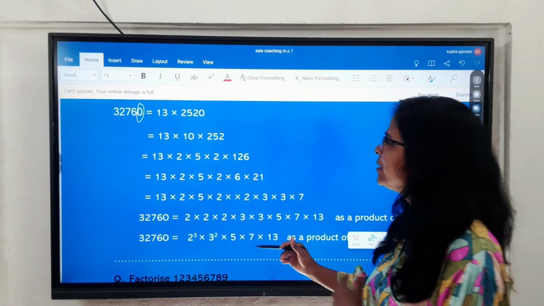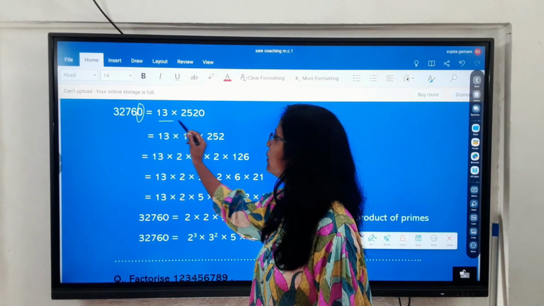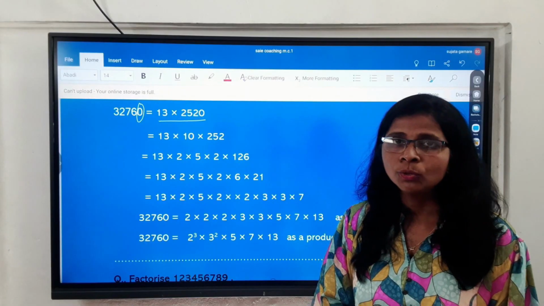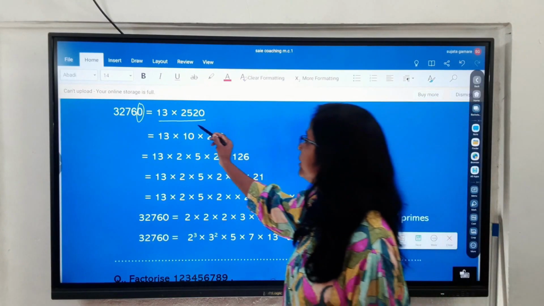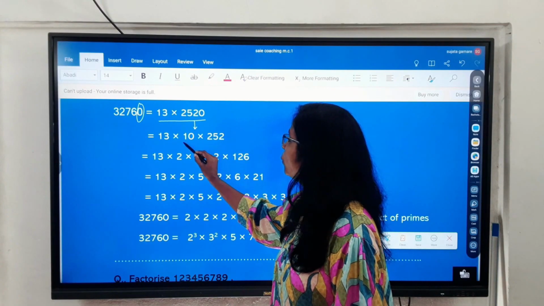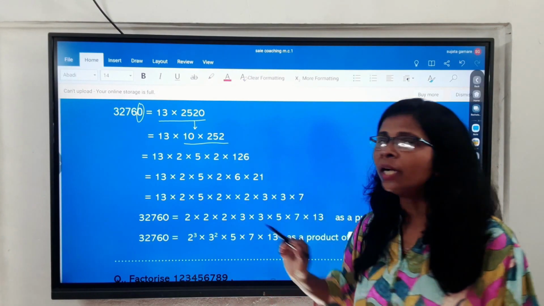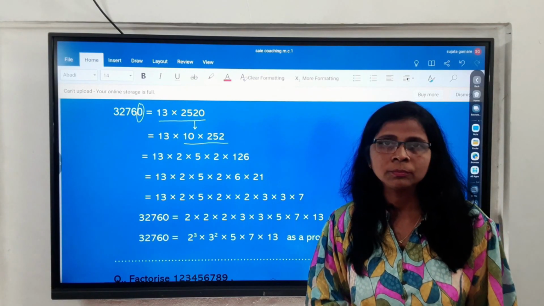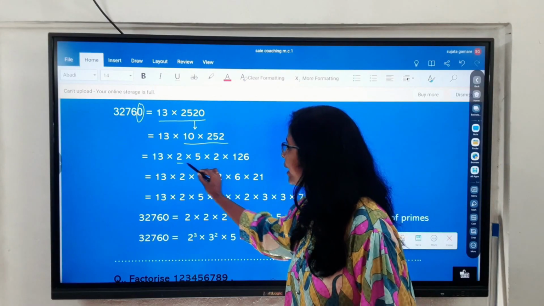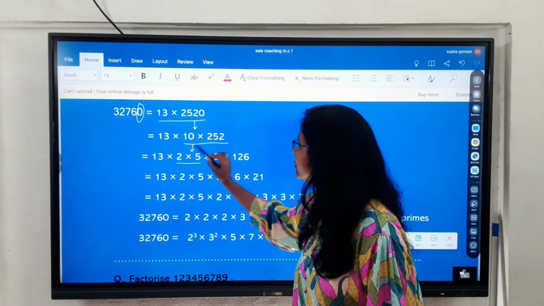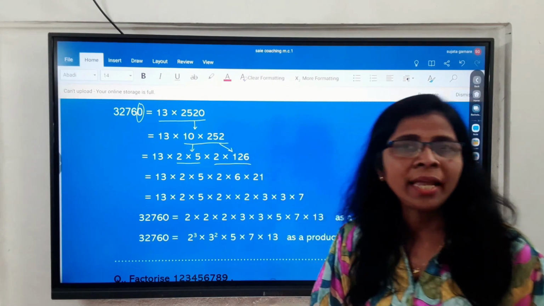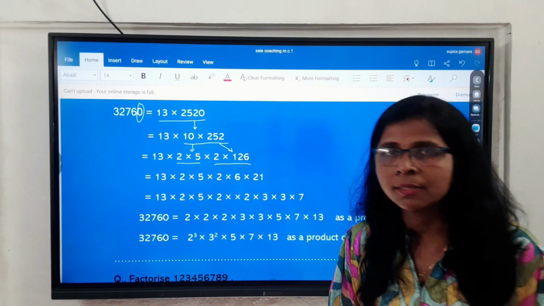So I factorize this number first as 13 multiplied by 2,520. So I get 2,520 as the biggest number, and I factorize this into 10 multiplied by 252. Then factorize 10 as 2 5s are 10, and then factorize 252 as 2 multiplied by 126.